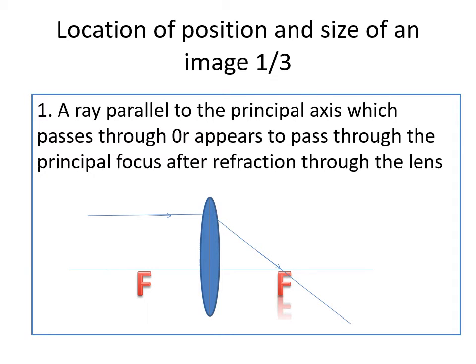Here we have a ray parallel to the principal axis, which passes through or appears to pass through the principal focus after refraction through the lens.